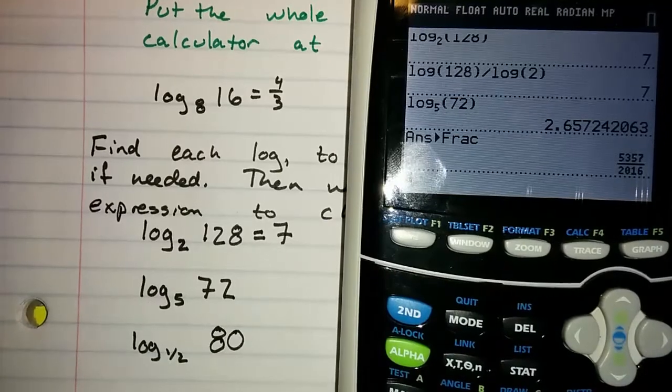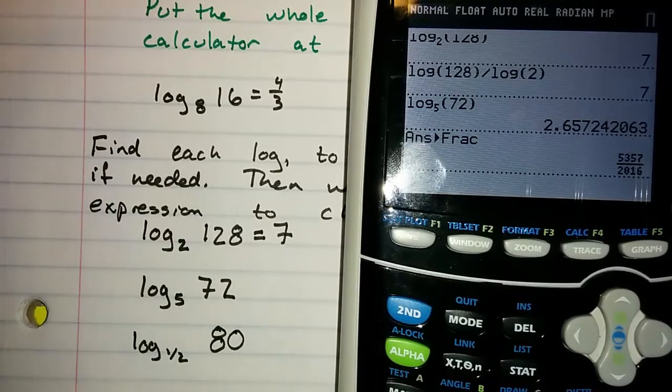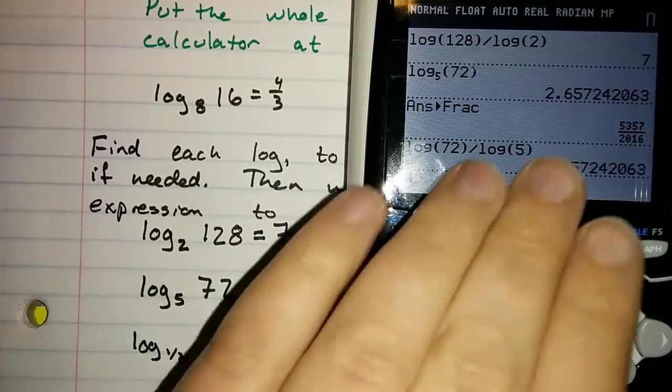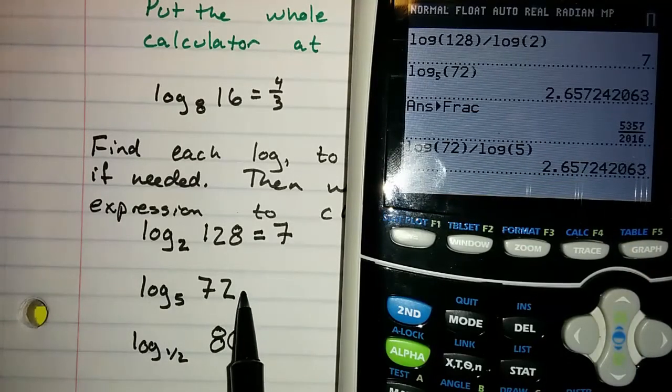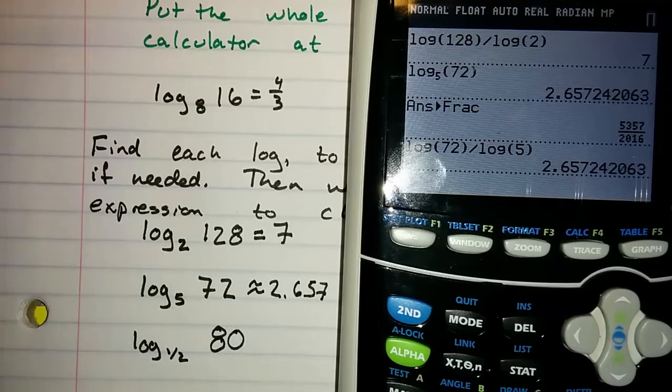I'm going to do this decimal to 3 decimal places. If I don't have the log base 5 function, I'll just say log 72 divided by log 5. And notice I get the same decimal. To 3 decimal places, this is about 2.657.